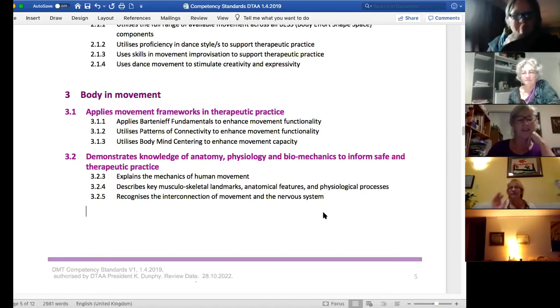Yeah. Actually, it's a change, because when we were thinking about this, we thought, well, these are fundamental. But as the conversation has gone on, we're realizing it would be possible, for example, if you were an Indigenous dance movement therapist, that you might be informed by Indigenous models of understanding movement.